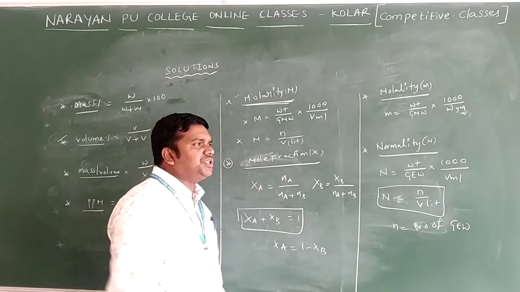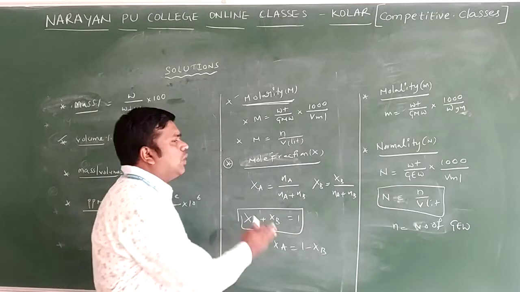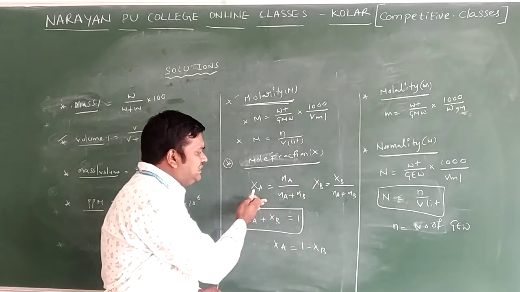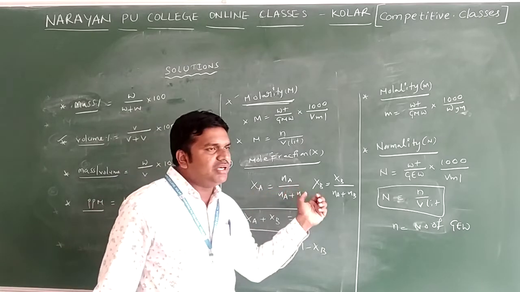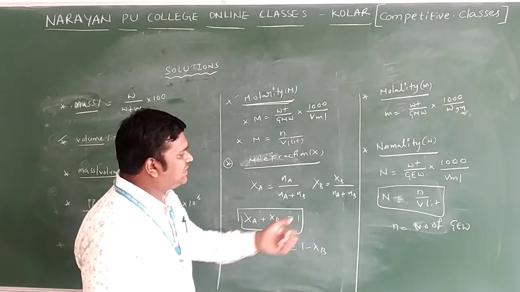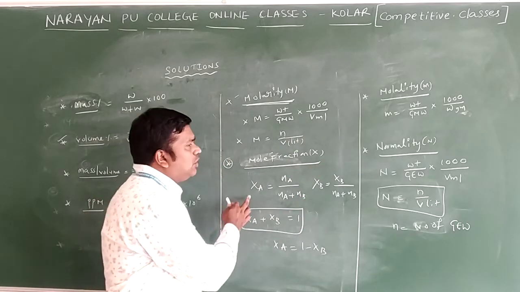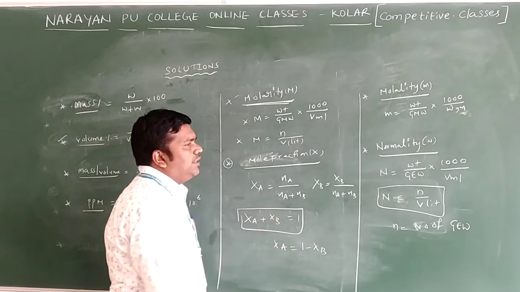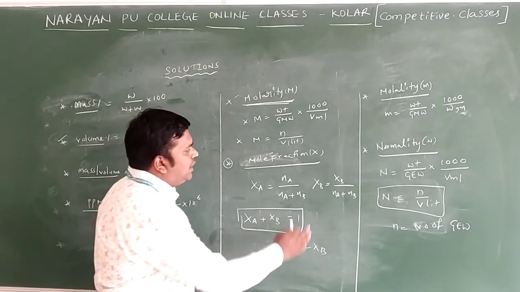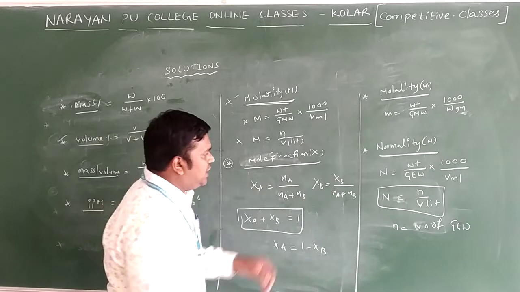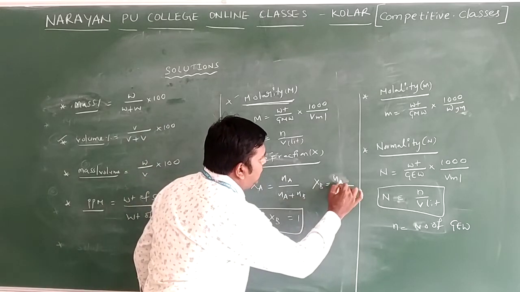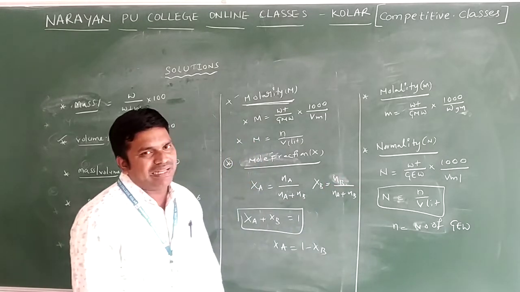Already you know the solution contains two components. One component is solute, that is XA, and the other component is solvent, that is XB. Now what is the formula here? XA is equal to Na by Na plus Nb. XB is equal to Nb by Na plus Nb.